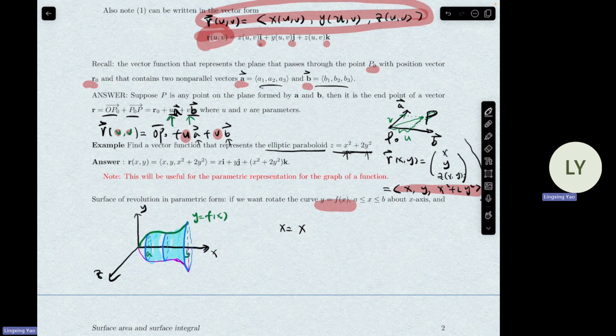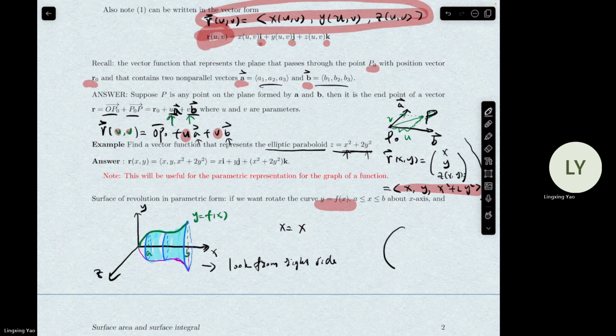That circle will have the radius of f of x. So looking from the right side, we'll see a circle of radius f of x.